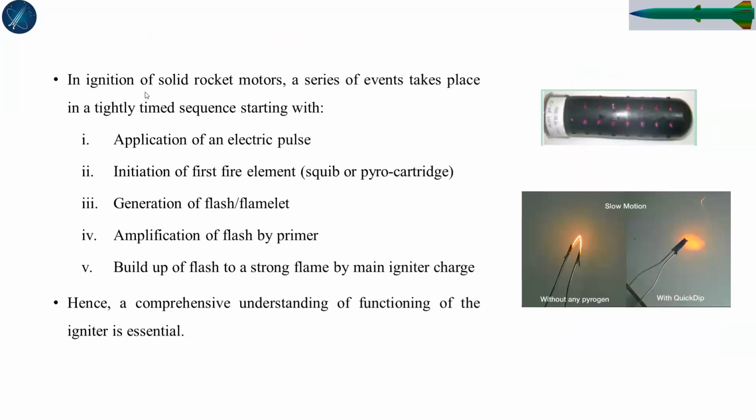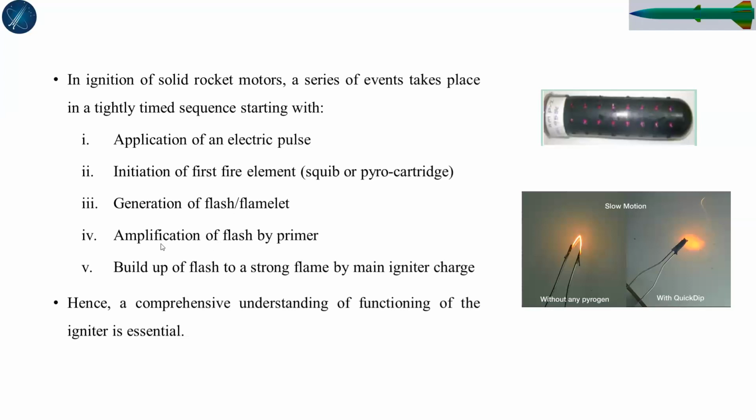Ignition of a solid rocket motor is a series of events that take place in a tightly timed sequence. The first is application of an electrical pulse from the electrical system. The second is initiation of the first fire element, that is, a squib or pyro cartridge will initiate. The third step is generation of flash or flame.